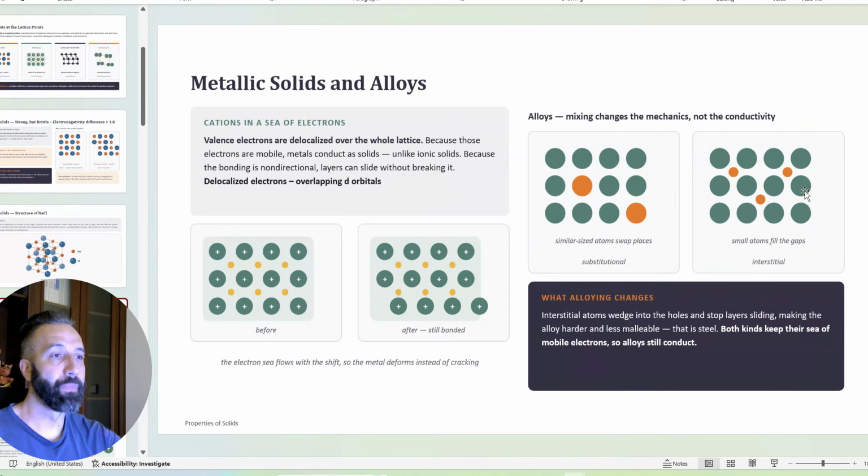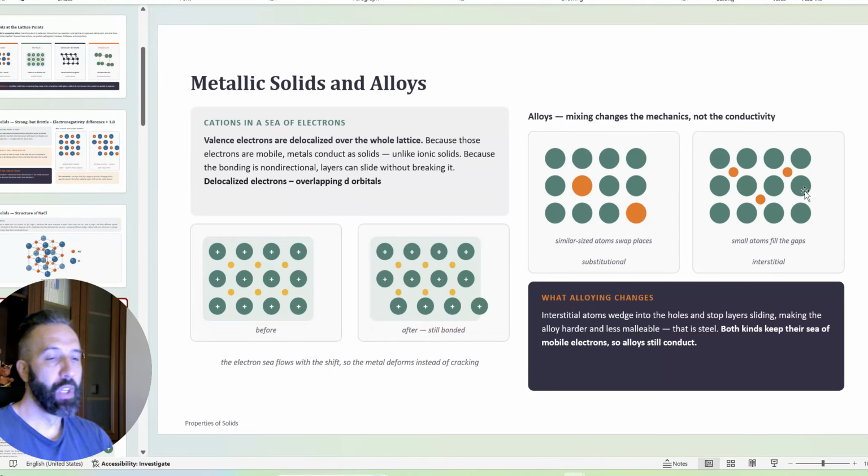Okay, metallic solids. These are easily recognized because when they give you just a metal, say Fe, and ask what the bond there is, as long as it's one element and it's a transition metal, that means it's a metallic solid.